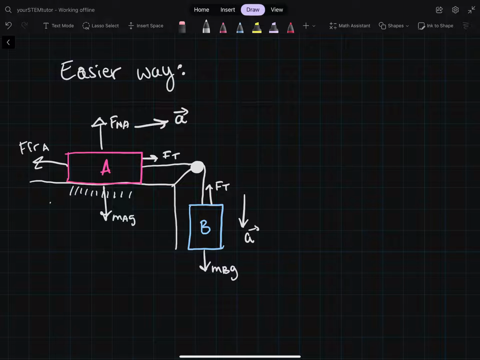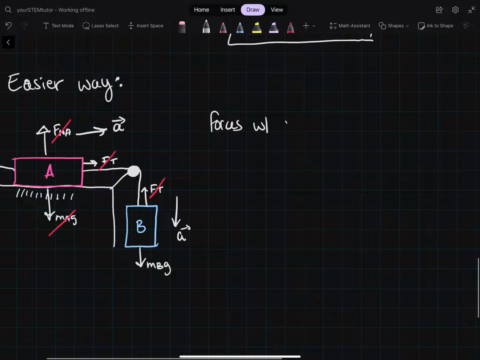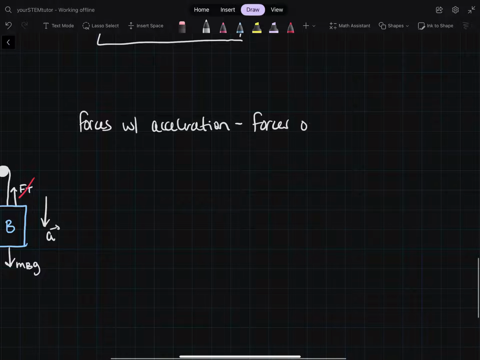So what we can do, we're looking at the system altogether. So our force of tension on A and B are the same, so those can just cross out. And also, our force normal A and our force of gravity A are equal to each other, so we don't need to worry about those either. So what we're doing for this method is basically finding the forces that are in the same direction as the acceleration, and then taking away, minus, the forces that are opposing the acceleration.